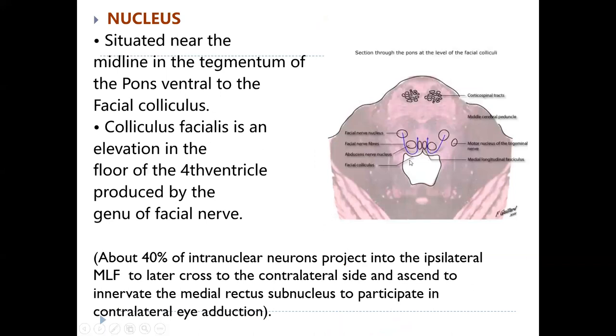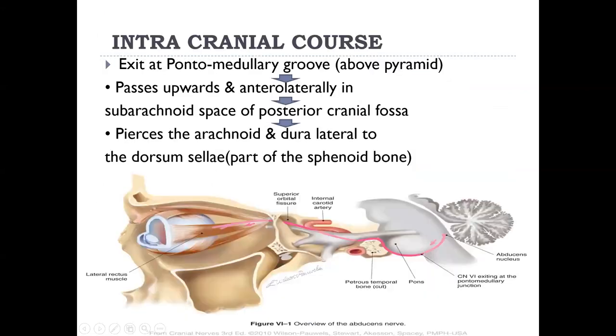So the abducens nucleus is situated in the tegmentum of the pons, in front of the facial colliculus, and from the abducent nucleus the cranial nerve will exit out of the pontomedullary junction, or the groove, above the pyramid, that is medially.